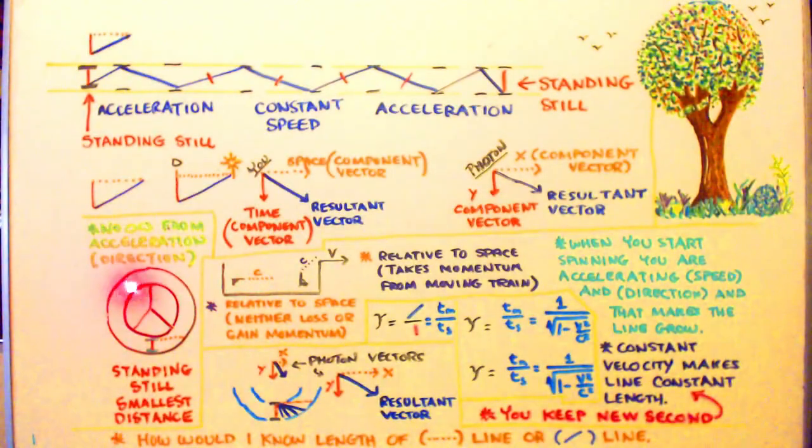If acceleration due to direction was really making time dilate, then even though you stopped accelerating your speed, and now you're going at a constant velocity going around here, you're still accelerating your direction, and if that was time dilating you, it would keep going and keep going and keep going. And then what?